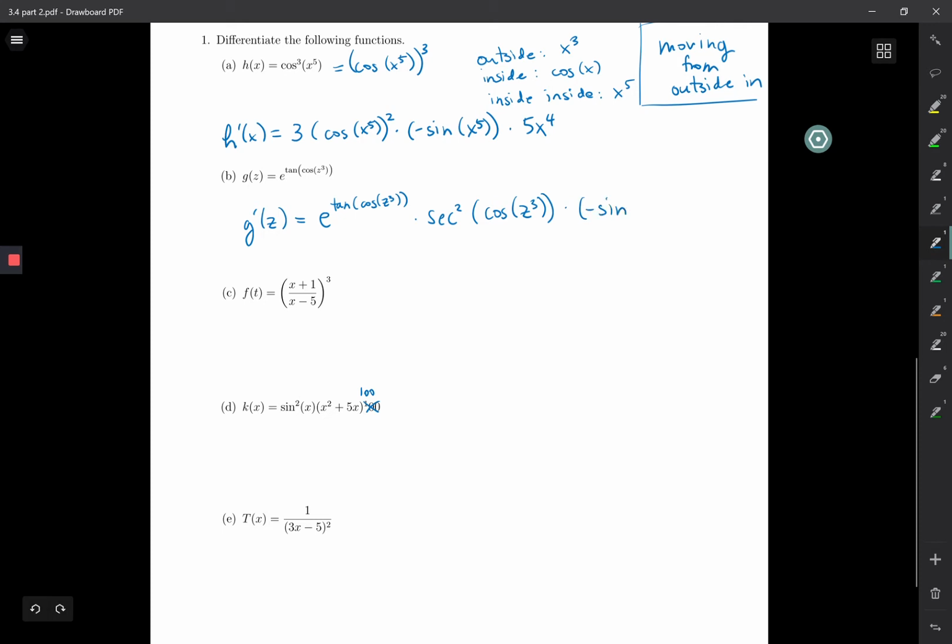So negative sine, and then I keep the z cubed inside. And then now we're down to the final piece, and that's z cubed, and the derivative is 3z squared, right? So yeah, this would be 4 functions. So we had 4 pieces in our derivative.